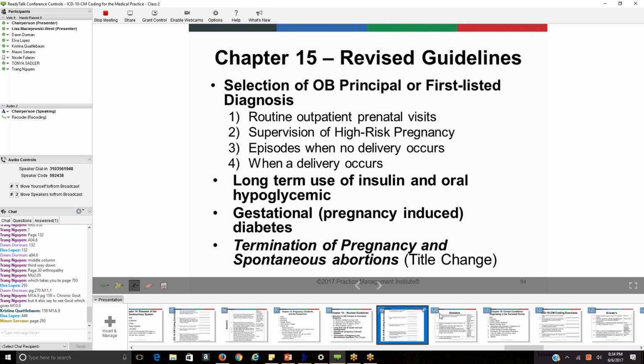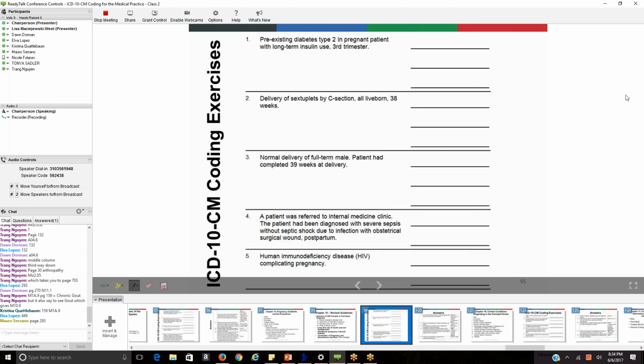So let's take a look at these coding guidelines. We have a patient with pre-existing diabetes type 2 in a pregnant patient with long-term insulin use in the 3rd trimester. We'll do just this one.